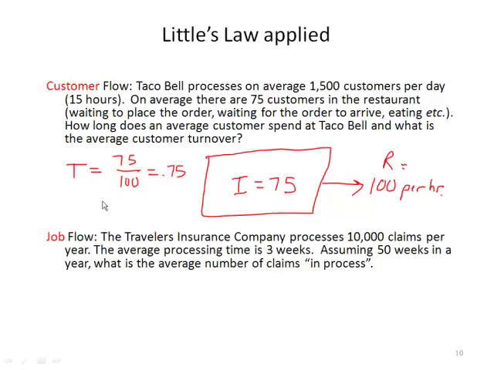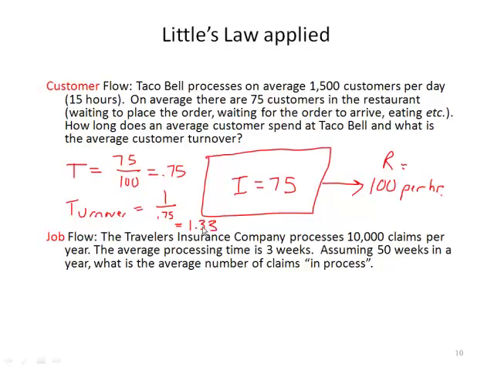Okay, what's the turnover then? Well, if you look at this, we go through the inventory more than once per hour. And in fact, if we look at what the turnover is, we get that by taking the reciprocal of the flow time, and that's equal to about 1.33.